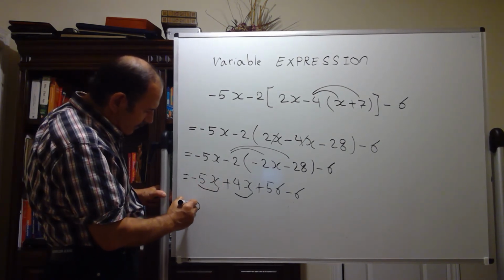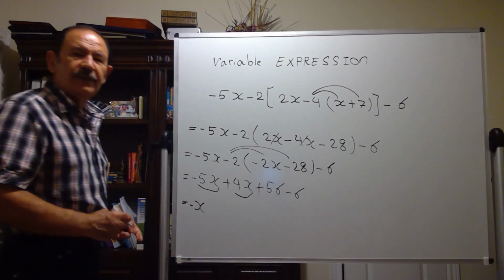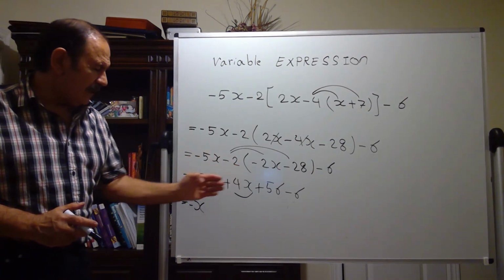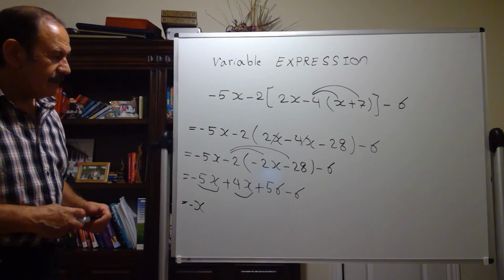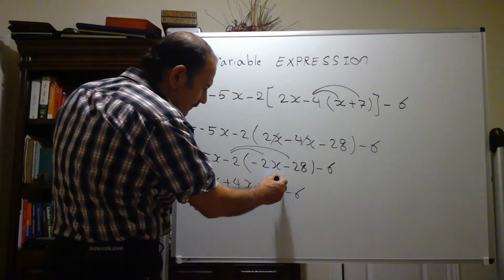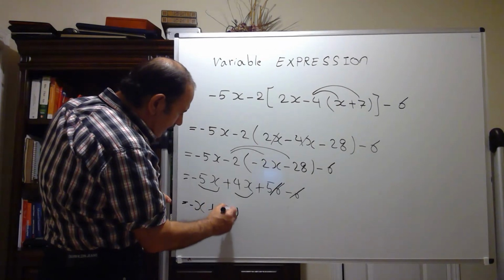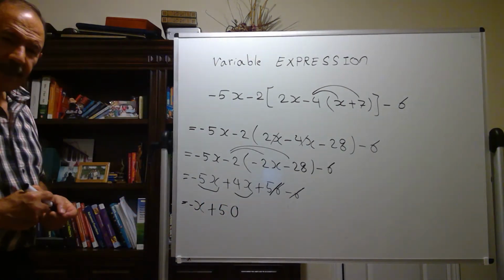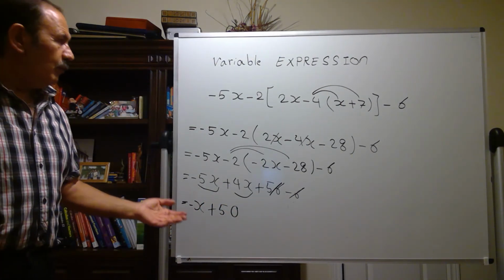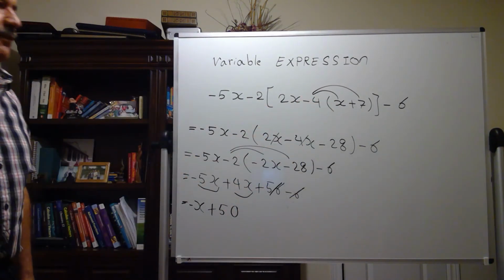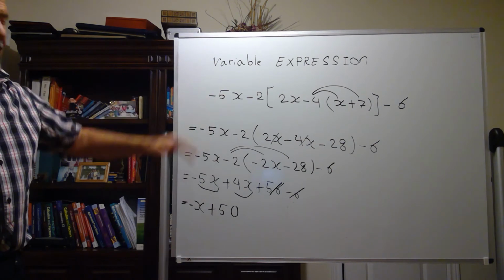Or we don't need to write the 1. It's going to be negative x, and 56 minus 6 is going to be plus 50. So the final answer is going to be minus x plus 50. Minus x plus 50 is the simplified format of the original expression.